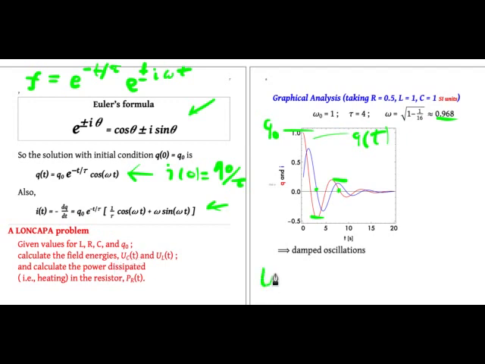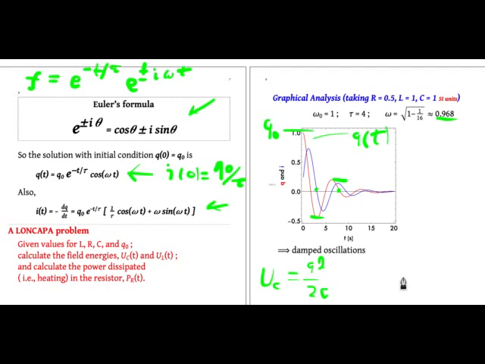You remember for U sub C, the field energy in the capacitor is Q squared over 2C. We learned that some time ago when we talked about capacitors.